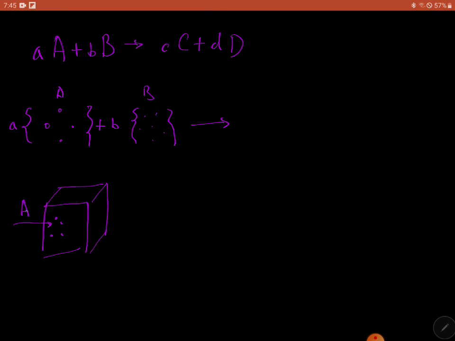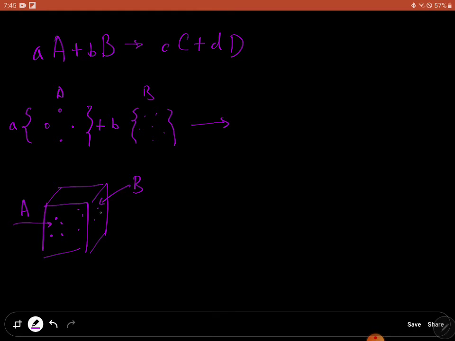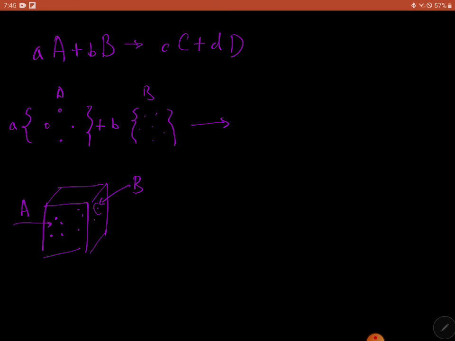So this is element A, and there is element B. Now we have to think carefully. This single element B has a chance of probability of B. And then there's the next element, which is also probability of B.